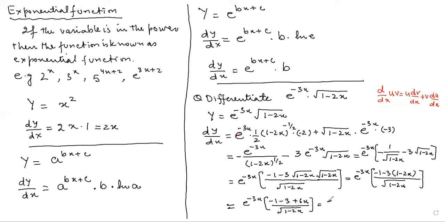The final answer is e raised to minus 3x, 6x minus 4 divided by under root 1 minus 2x. So this one is also a revision of the product rule. The main task is to simplify the answer of the derivation.